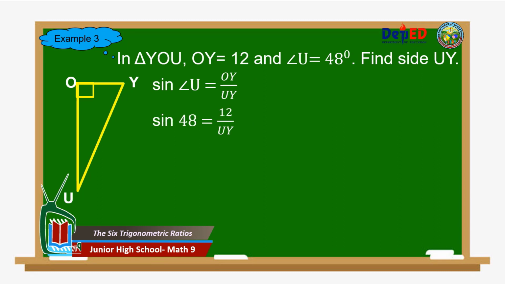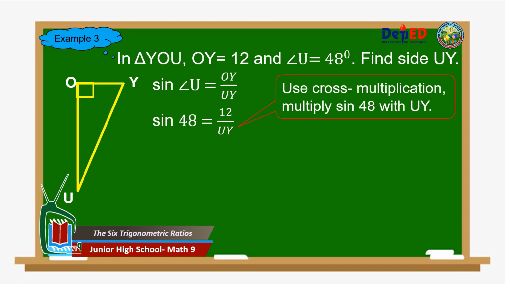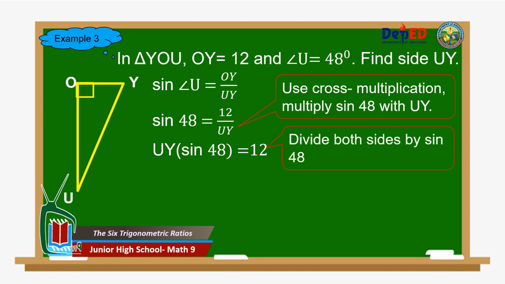Substituting the two given on our equation, we have sine of 48 is equal to 12 over UY. And on this process, you're going to use cross multiplication. So multiply sine of 48 with the unknown UY. And the result is this equation. Then after which, you're going to divide both sides of the equation by sine 48.